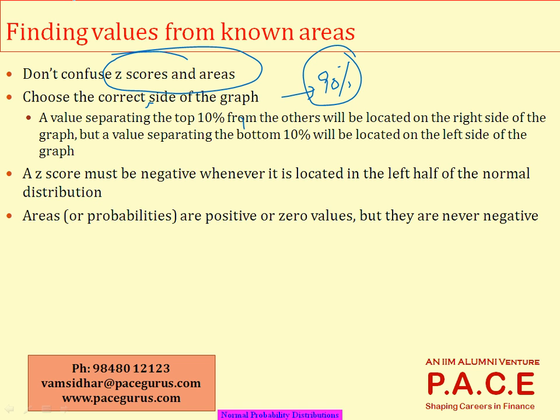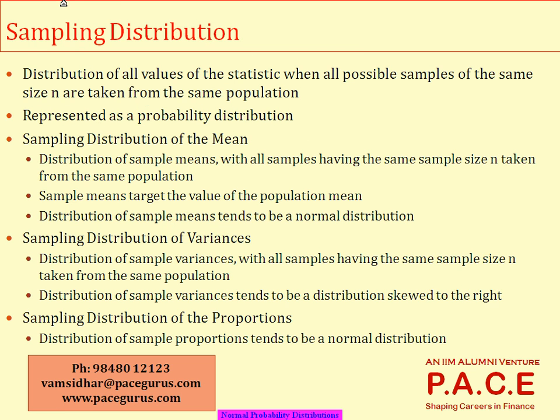Based on that, the critical values have to be found. The areas are never negative, at minimum they could be 0, whereas the z values could still be negative. So don't confuse z values with the area under the normal distribution curve.